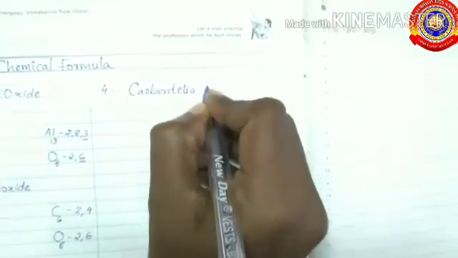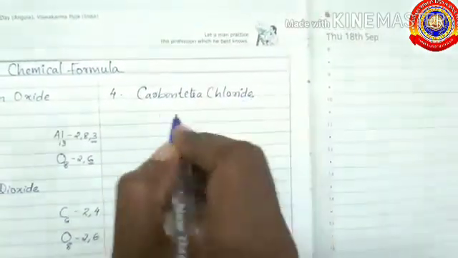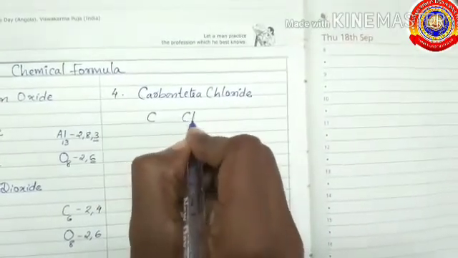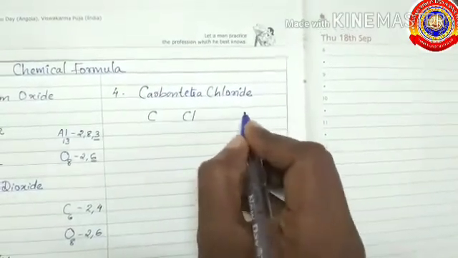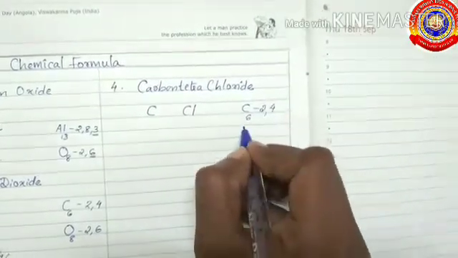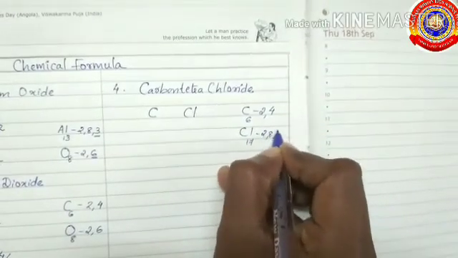And the last compound is carbon tetrachloride. It's a very familiar compound and you have learned it as an example of covalent compounds, right? The constituent elements present in carbon tetrachloride are carbon and chlorine. Carbon shares 4 electrons with 4 chlorine atoms.